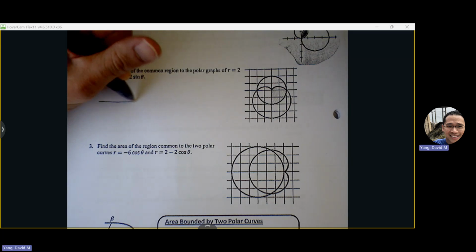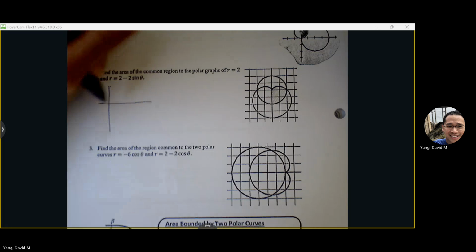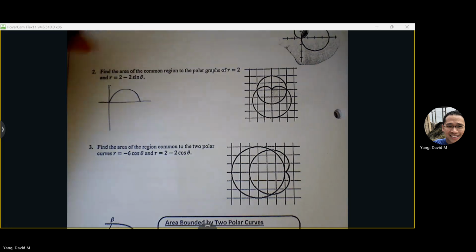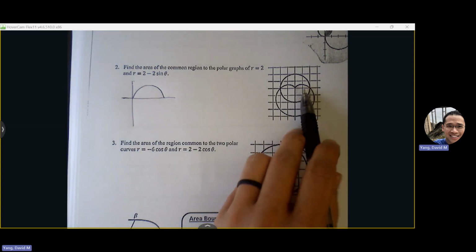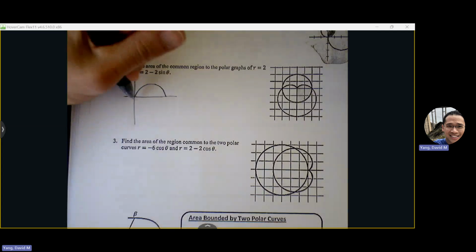I'm going to sketch the graph here again. So this is the first part of my shaded region. I'm going to start at 0 and extend out initially just with this portion.